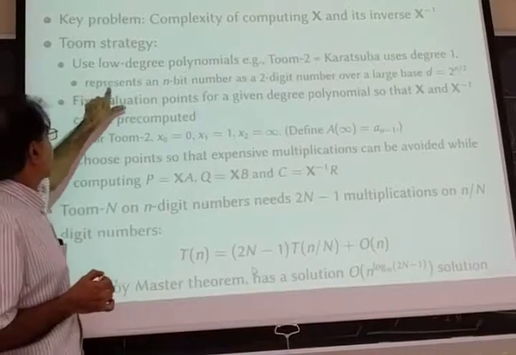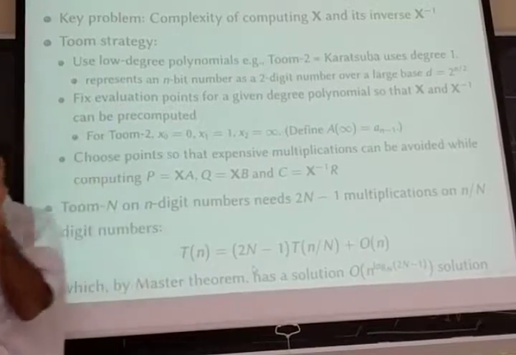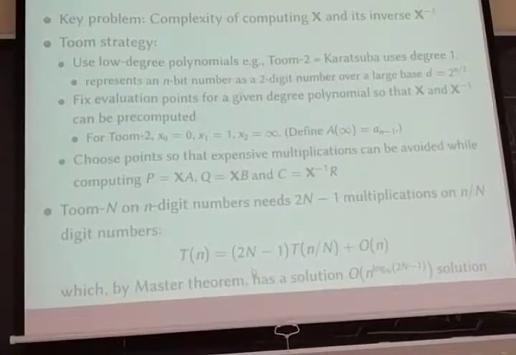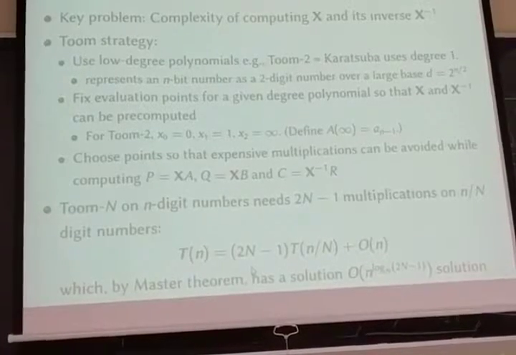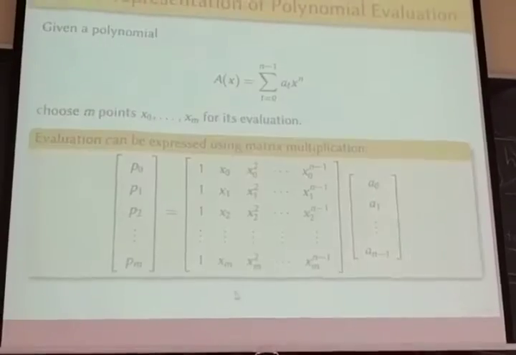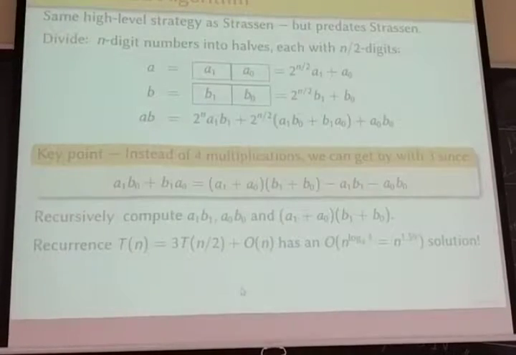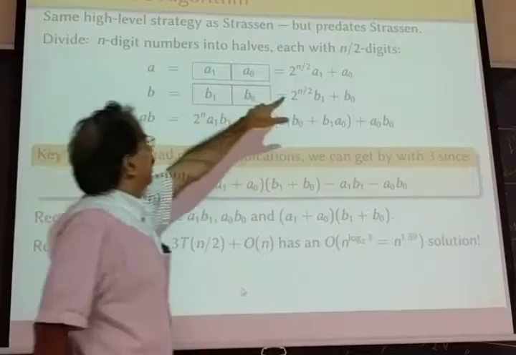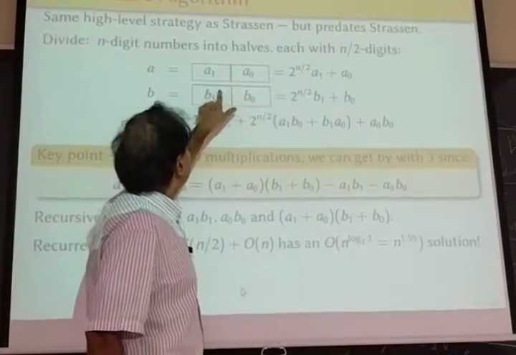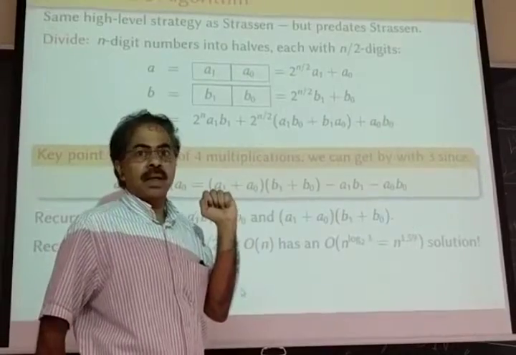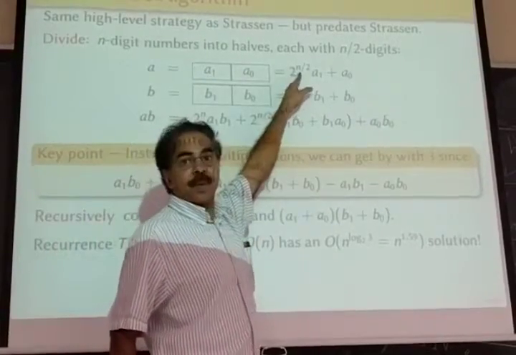In the case of Karatsuba, we divided an n-bit number into 2 parts, right? Let's go back to Karatsuba, and then we'll see what we are doing here. So we took an n-bit number and divided it into 2 parts. So this is like a 2-digit number with the base 2 to the power n by 2.